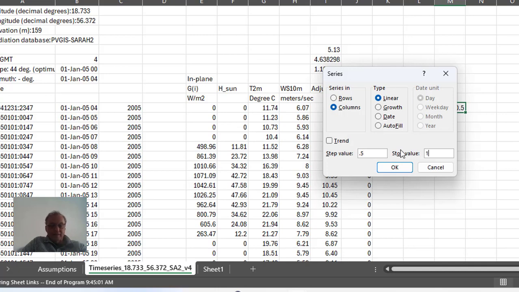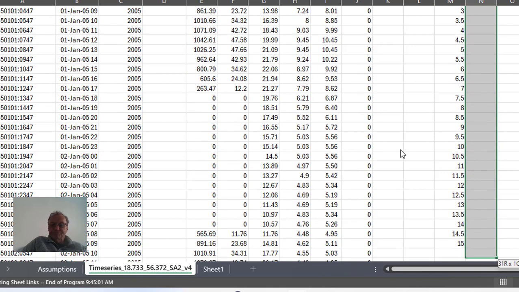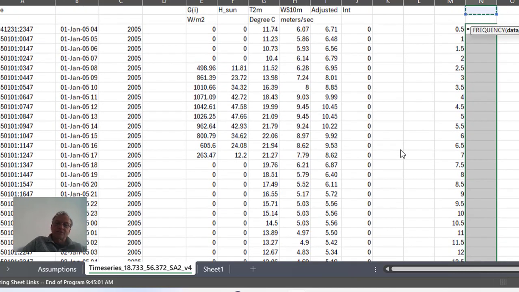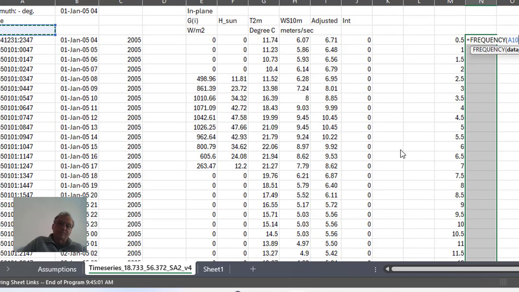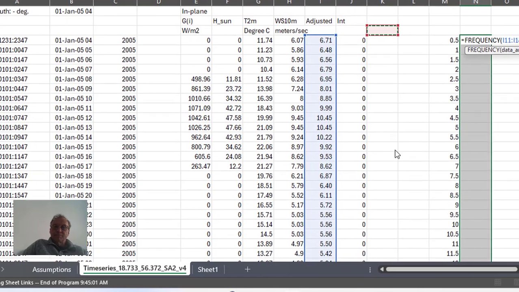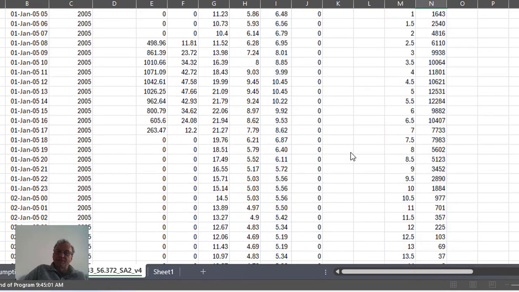Okay, and once we do that, we can also just take this area, put equal frequency, and this is where it's supposed to not look like a normal distribution. You take the data array first, let's take this one, and then we take the bins array here, and it says, well, how many times are we in each bin?